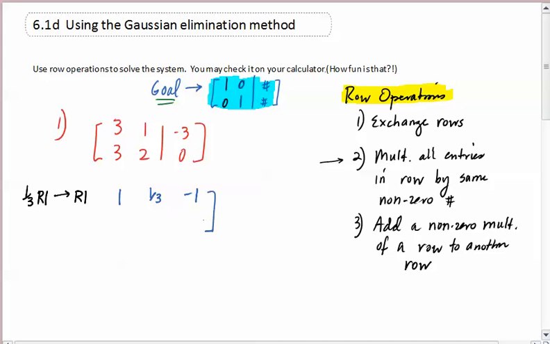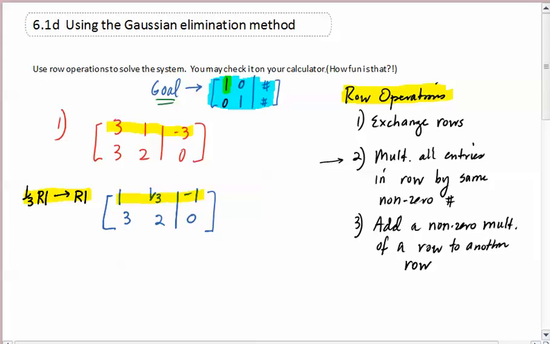Now, I'm going to copy the second row as it was, unaltered. Okie doke. So let's take a look at what I just did. I took this top row here, I did this to it, and it became this. So I took a third of the top, and there we go. Now I have my 1 in this spot right here. That's what I wanted.